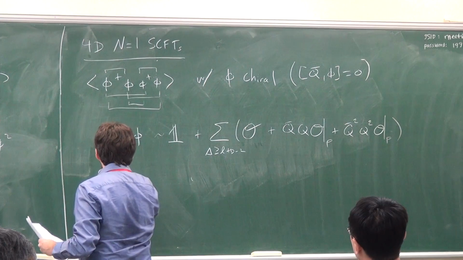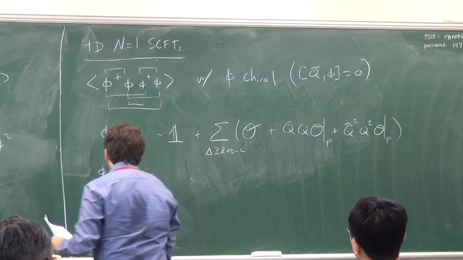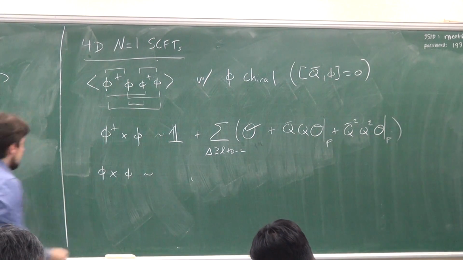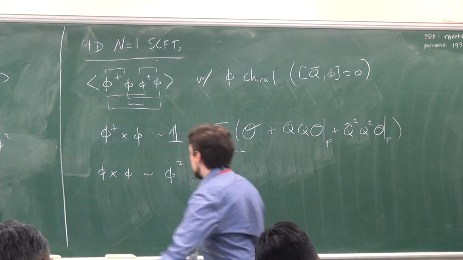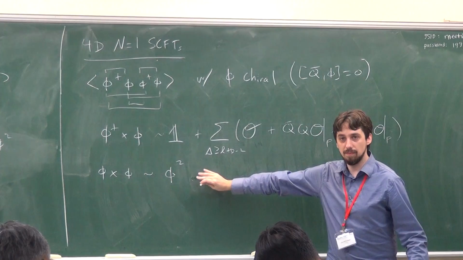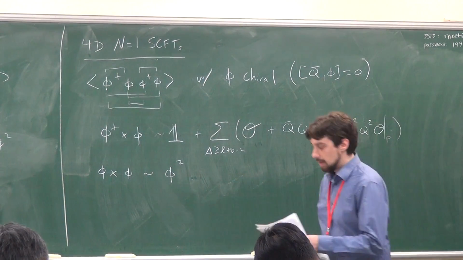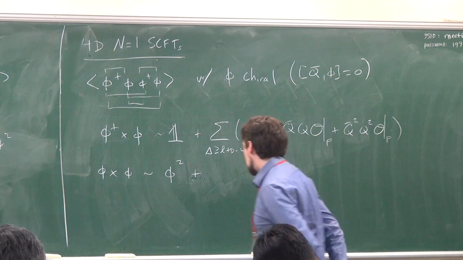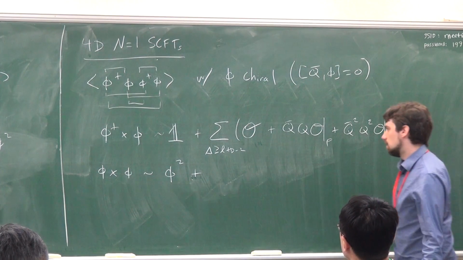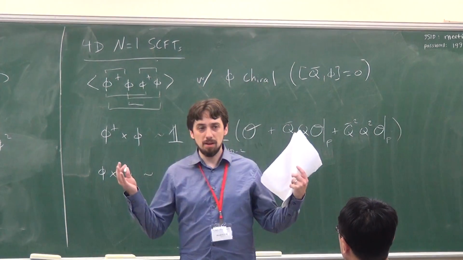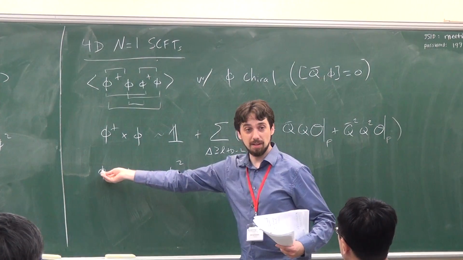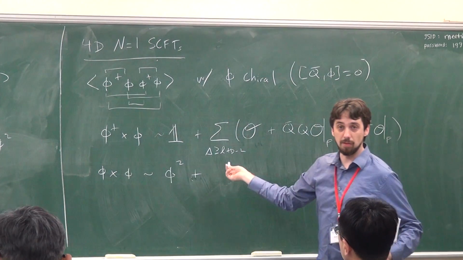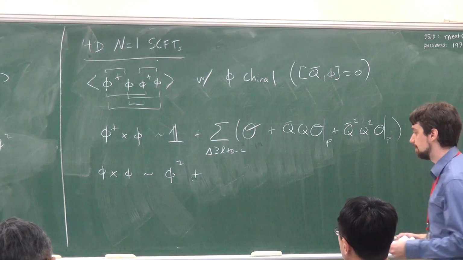We can also, as I said, expand things in the phi phi OPE. And what does this OPE look like? Well, first of all, I can get a chiral phi squared operator. I can also get other things that are annihilated by Q bar. Okay, so the constraint here is that the left-hand side is annihilated by Q bar, so whatever appears on the right has to be annihilated by Q bar.